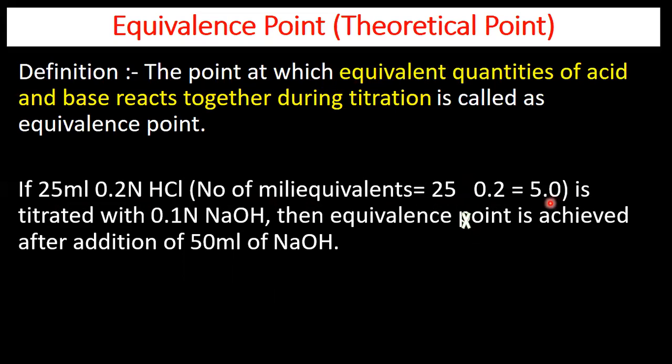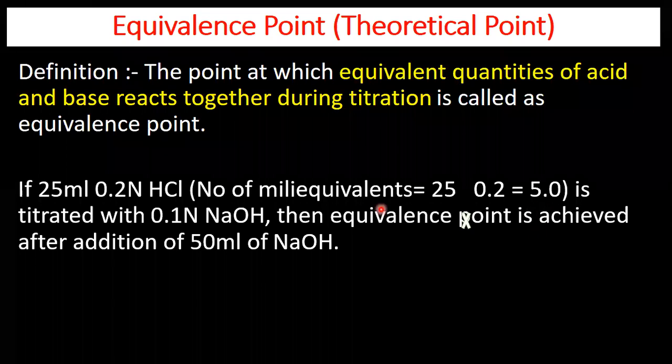So 5.0 milli equivalents of acid is titrated with 0.1 normal NaOH. Then the equivalence point is achieved after addition of 50 ml of NaOH. If the concentration is 0.2 normal, then the equivalence point will be achieved after the addition of 25 ml of NaOH in this case.